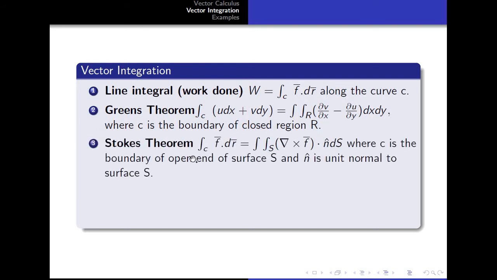Now Stokes theorem. The important thing about Stokes theorem is that it gives a relation between the line integral and the surface integral, meaning single integration and double integration. In this surface integral, S should be an open-ended surface, and C is the boundary of that open part.